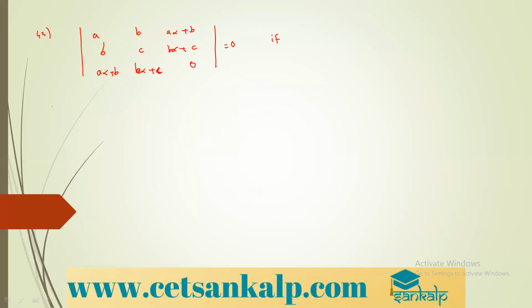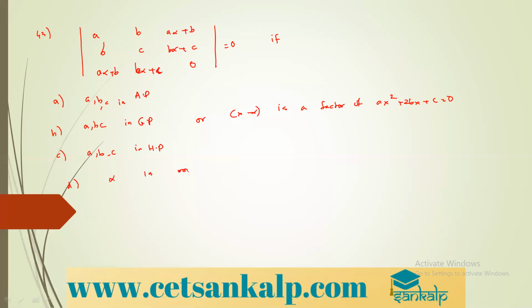But the conditions are: maybe a, b, c are in AP, that may be the condition; a, b, c in GP may be the condition; or x minus alpha is a factor of ax square plus 2bx plus c equal to 0 may be the condition; or a, b, c are in HP may be the condition; or alpha is root of the equation, that may be the condition. One of the conditions it must satisfy.